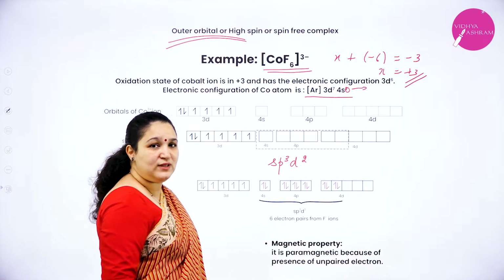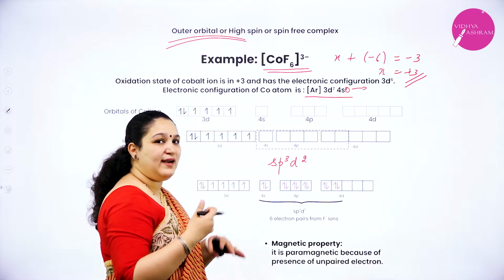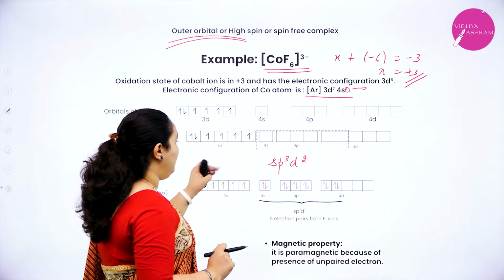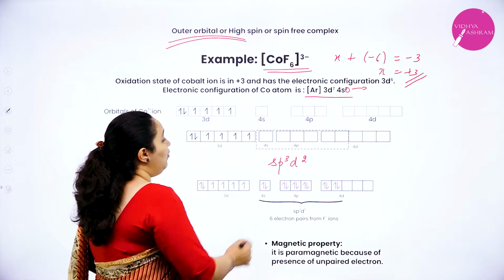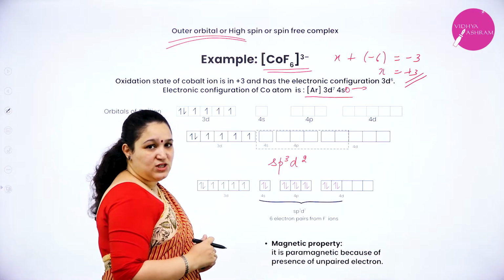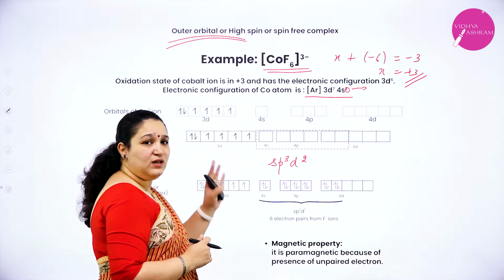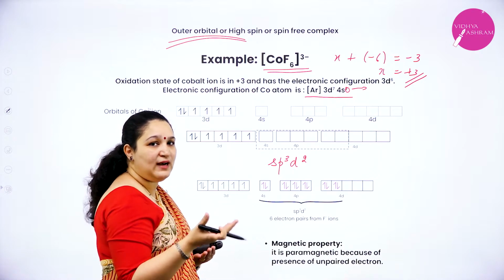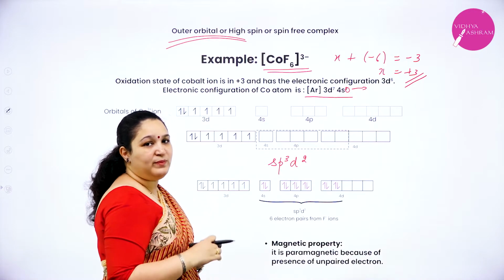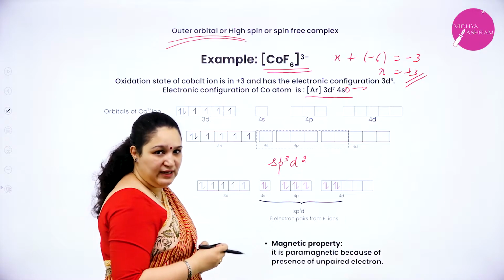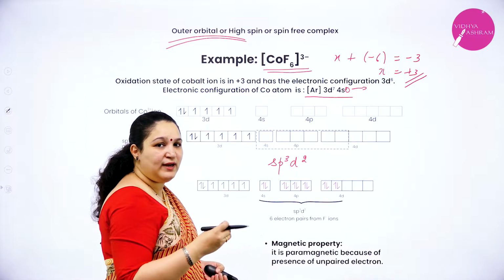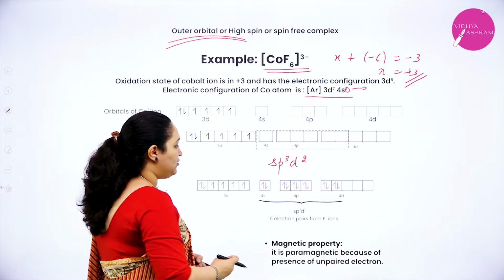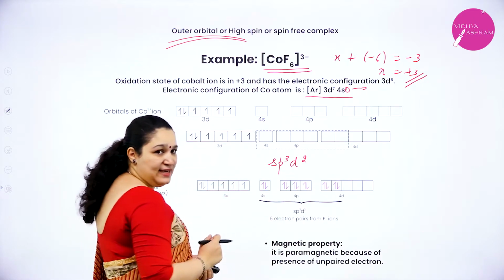You understood now the difference between inner orbital and outer orbital? I hope you have understood. We will move forward. Now once it has undergone hybridization, the hybridized orbitals of the metal will overlap with the filled orbitals of the ligands, and the ligand will donate a pair of electrons towards the metal ion, and those electrons fill up the hybridized orbitals.